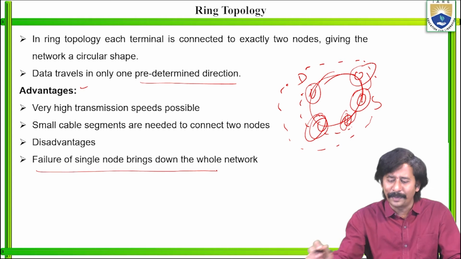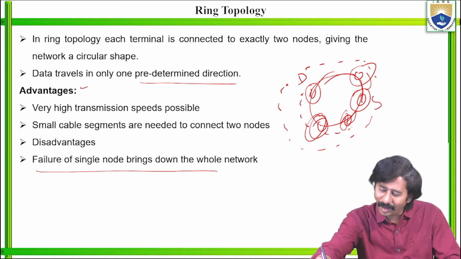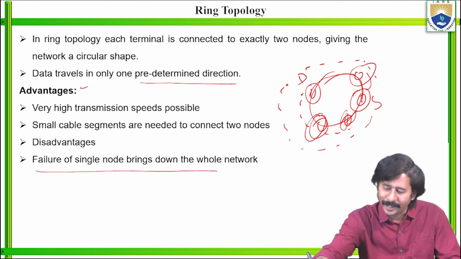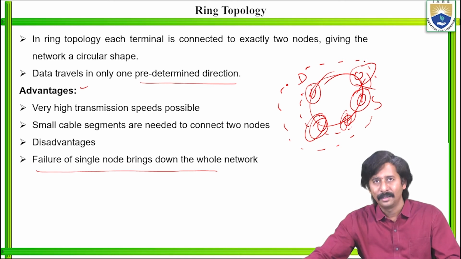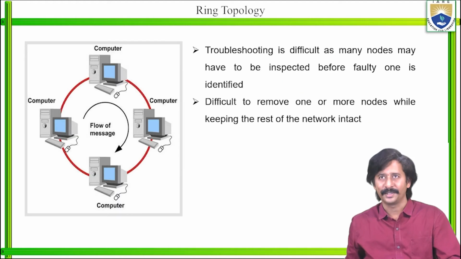Failure of a single node brings down the whole network because these are all communicated through a single cable. So, whenever one particular node is faulty, what happens? The ring structure is collapsed. So, the failure of a single node brings down the whole network. That's about the ring topology.